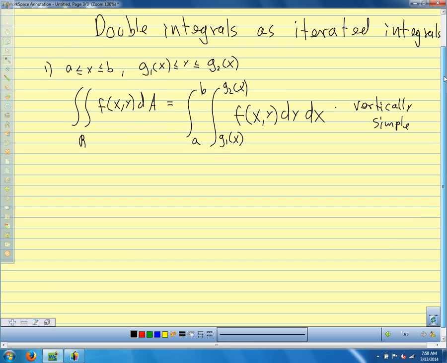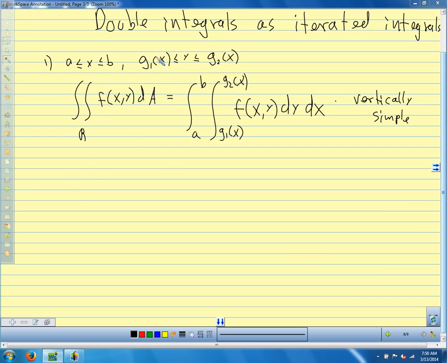And then if we change our order of integration, if we have our region bounded by functions of y, so we're going to say c less than or equal to y less than or equal to d, h1 of y less than or equal to x less than or equal to h2 of y.